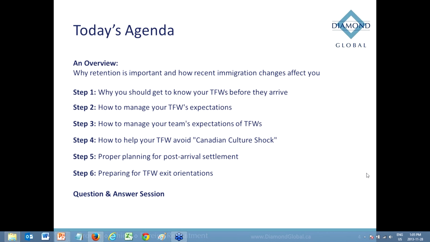So if you have skilled workers in process and you're waiting on an LMO or you're waiting on a work permit, this directly affects you. They will be approached by Australian employers. Australia is our #1 competitor for talent internationally, and it's the type of thing that you have to pay attention to, otherwise you might lose somebody before they even arrive in Canada.